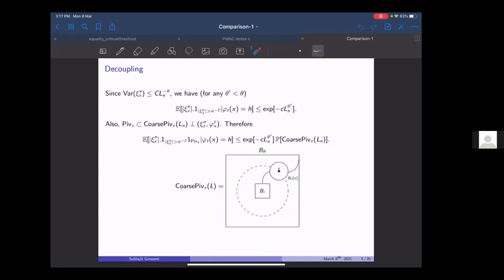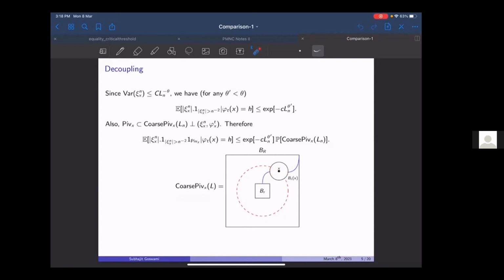Instead of a point being pivotal, your ball is pivotal. You just substitute a point for a ball. If you declare all the vertices in this ball to be closed, you don't connect, because you have the dual surface. Or alternatively, if you declare all of them to be open, you connect. So that's a coarse pivotal.